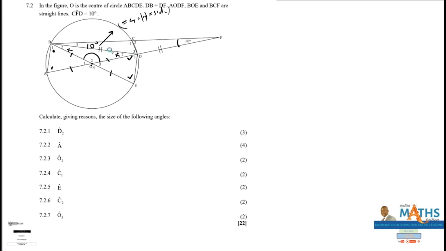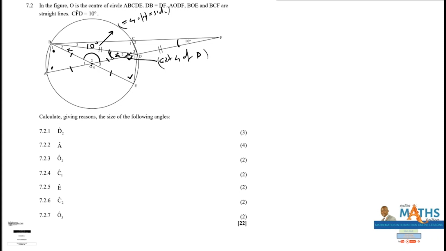Yes, there is an exterior angle which is D2. It means D2 will be 10 plus 10, which will be 20. I have to take that into account. A short reason for it: it's an exterior angle of a triangle. Also bear that in mind.